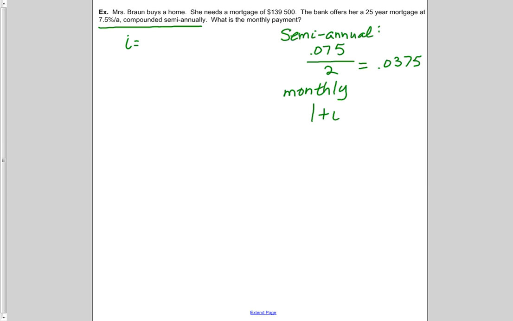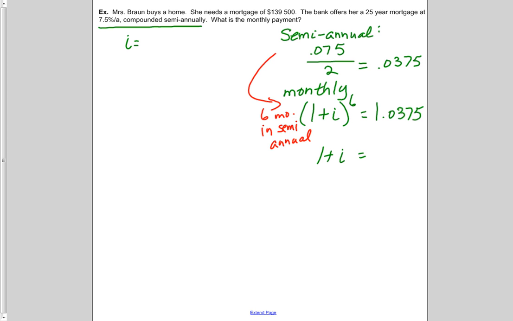To determine my monthly rate, 1 plus i, there are 6 months in a semi-annual period. If you need to write that, that's fine. So it's always the same thing we're doing: 1.0375.